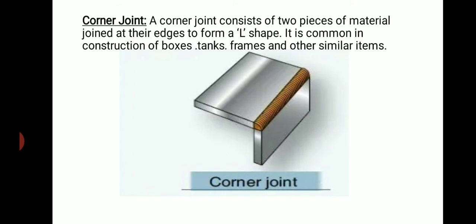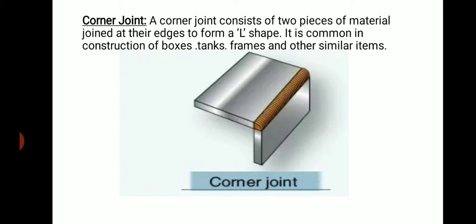Next is your corner joint. A corner joint consists of two pieces of metals joined at edges to form an L shape, and it is common in construction of boxes, tanks, frames and other similar items.